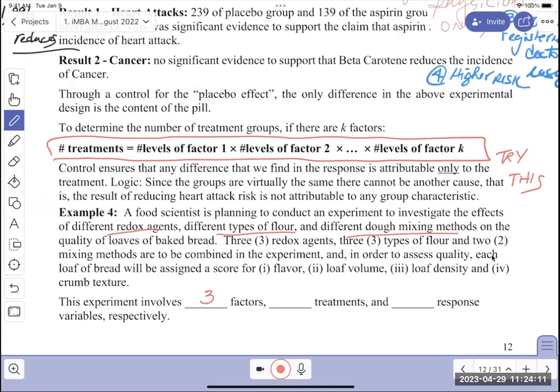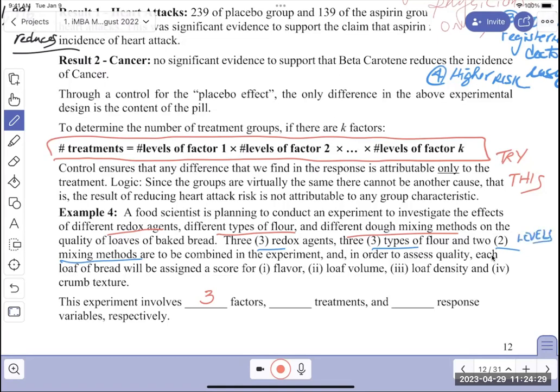And each of these factors has different levels, right? So there's 3 redox agents. These are the levels.